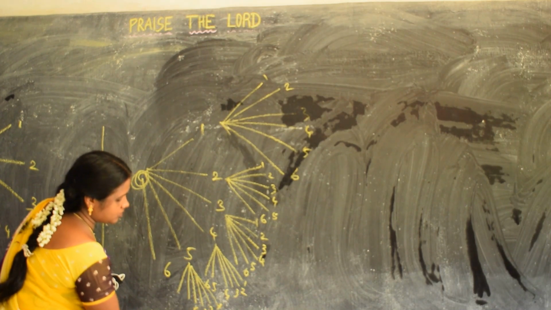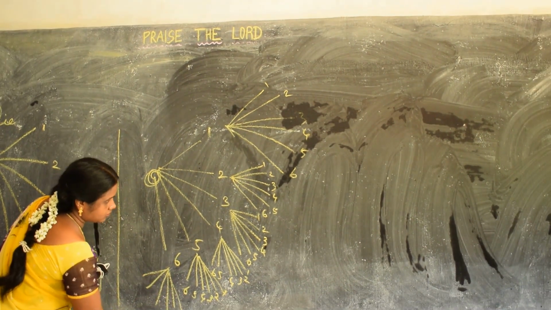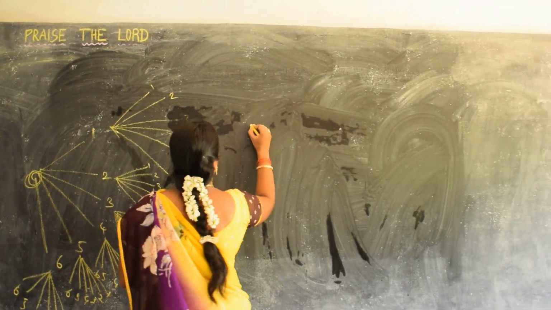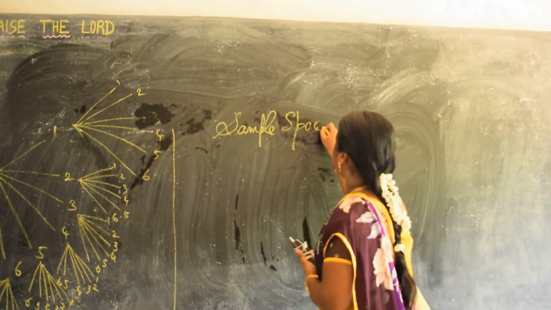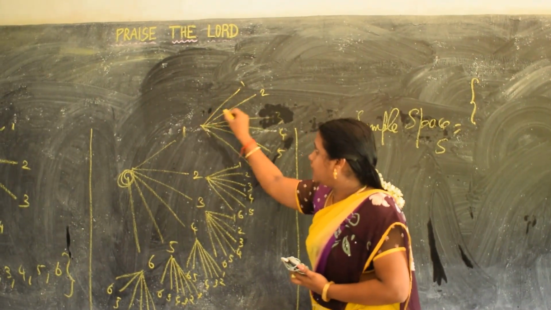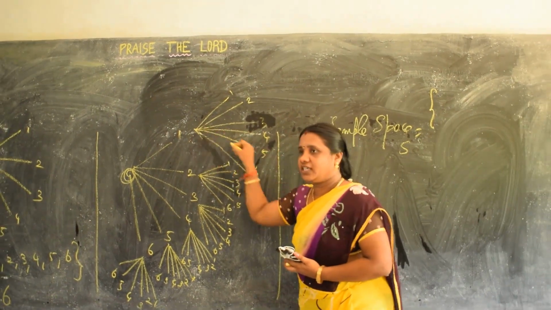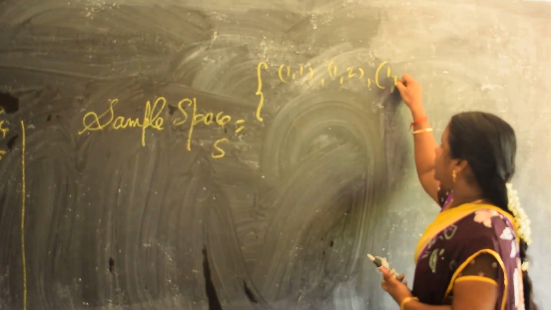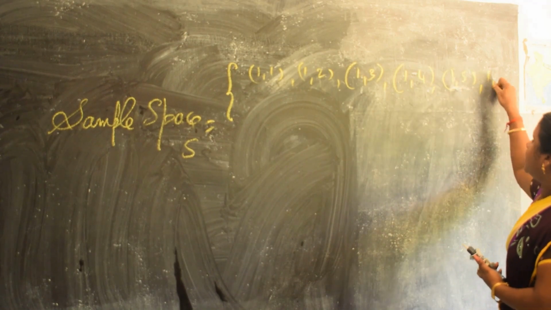How we have to write? See here, our sample space S is equal to 1,1; 1,2; 1,3; 1,4; 1,5; 1,6.